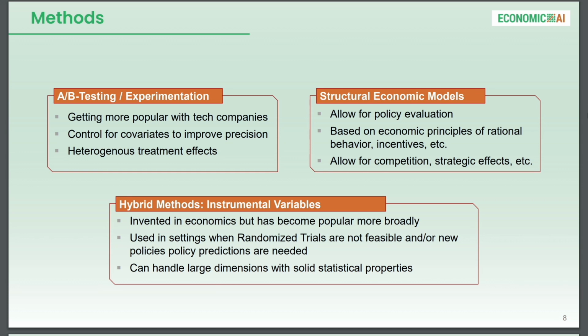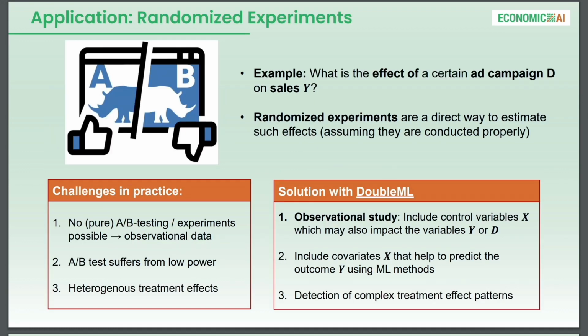This is often used in pricing, when you don't want to do an experiment and want to extract elasticities from your given data. And then there are hybrid methods which combine both worlds. I will omit those. But now the idea is that these are classical methods from causal inference, and now we combine them with machine learning methods, which creates some additional theoretical problems which have been overcome in recent research.